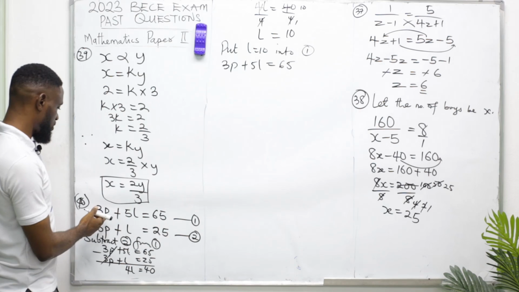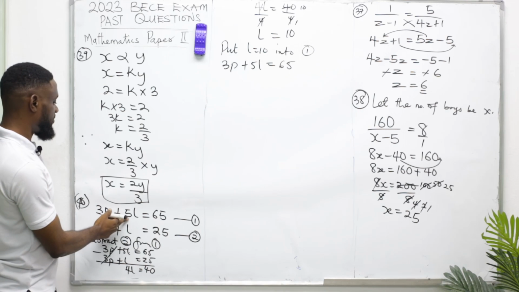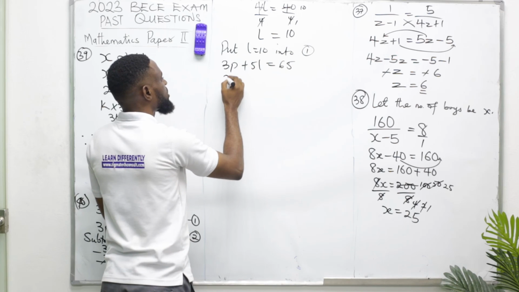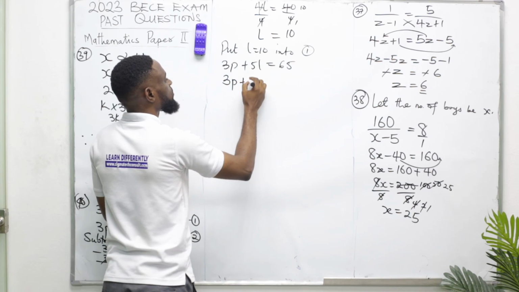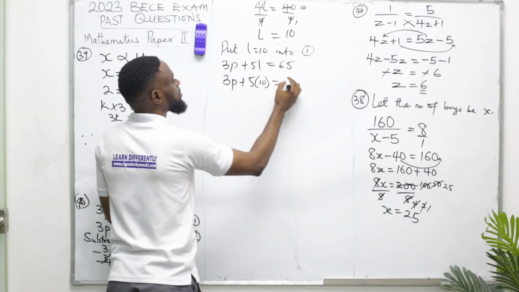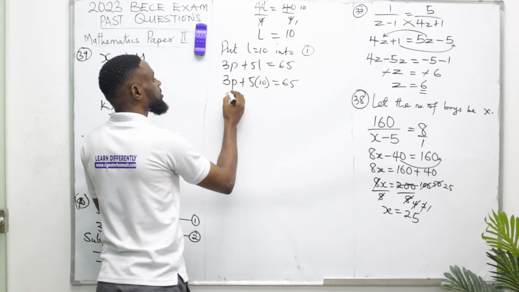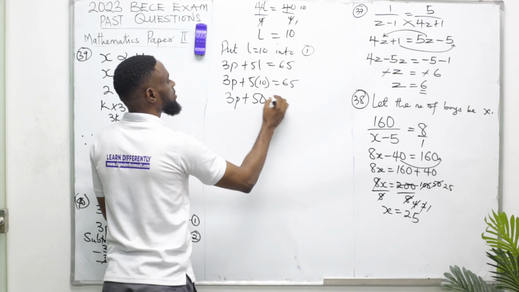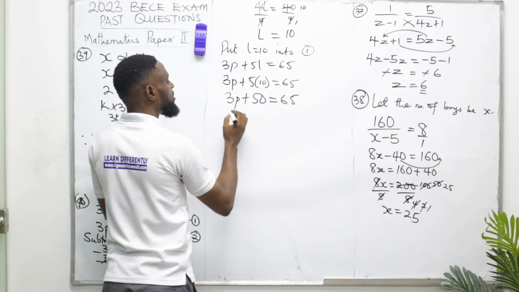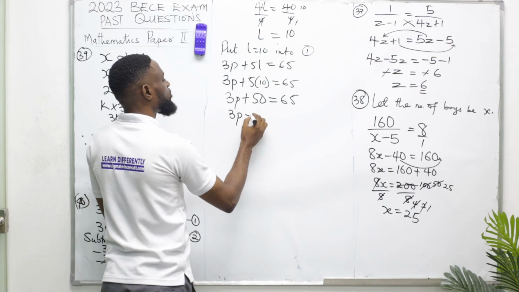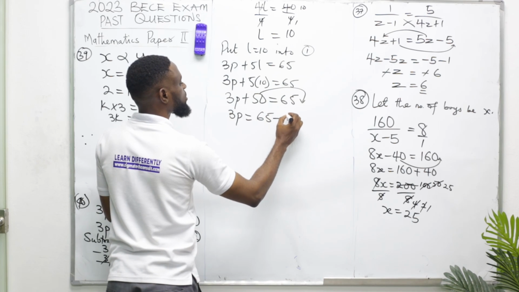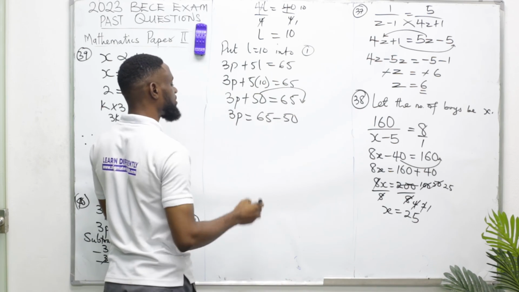Wherever we have L, we'll put 10. So 3P plus 5 times 10, 50, is equal to 65, right? So 3P will be equal to 65 minus 50.